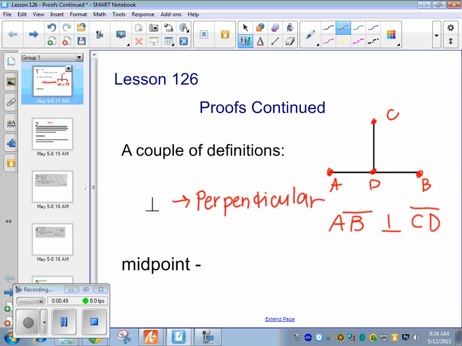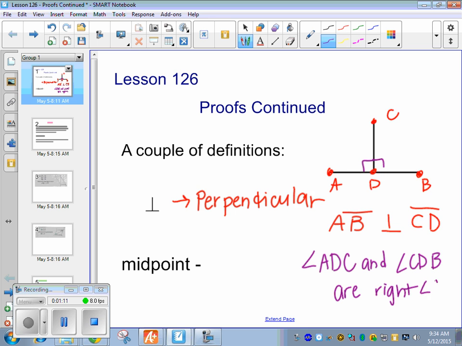Okay, and if we have two perpendicular lines, what do we know about these angles? They are 90 degrees is what we want to say. So we can state that angle ADC and angle CDB are right angles. Okay?